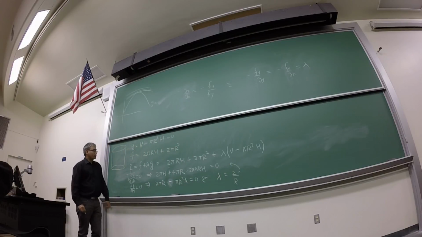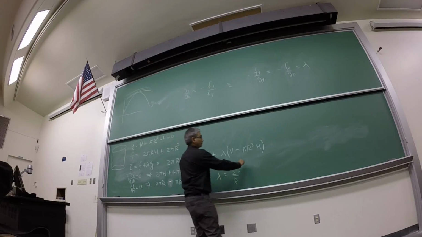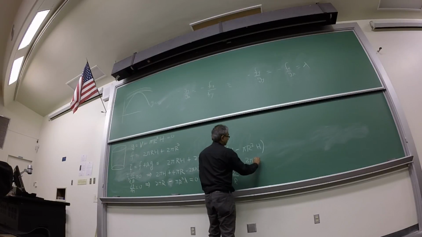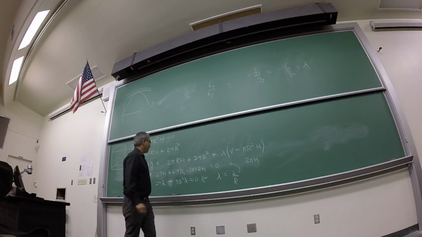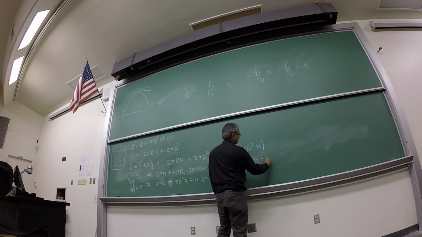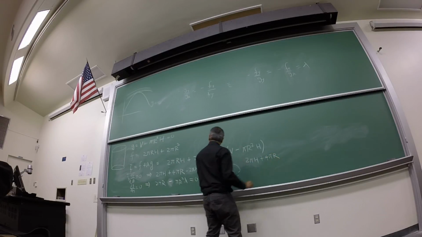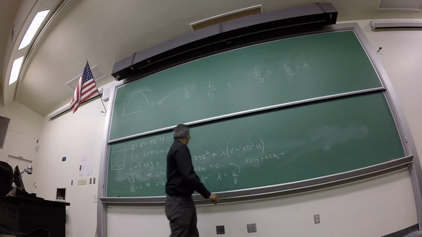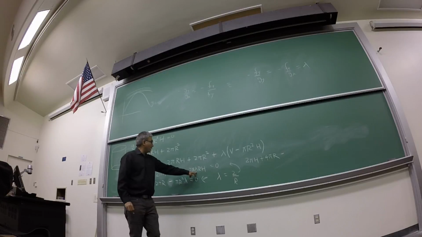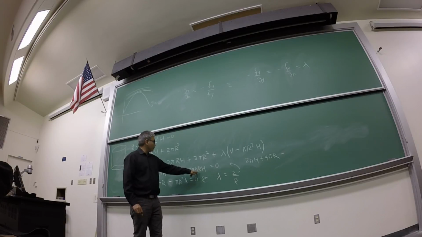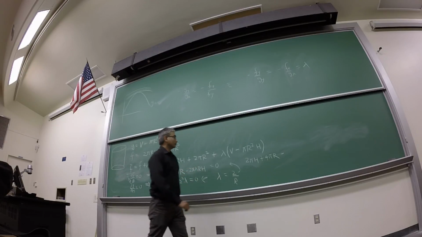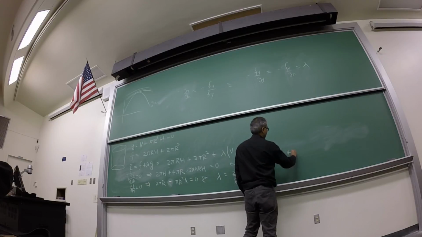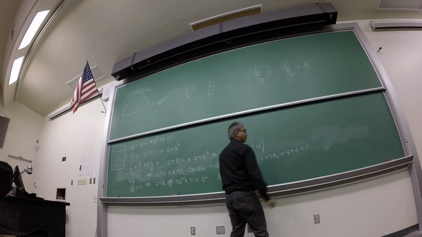When you do that, you get 2 pi h plus 4 pi r minus, so lambda is 2 over r, so r r cancels and you become minus 4 pi h. Right?